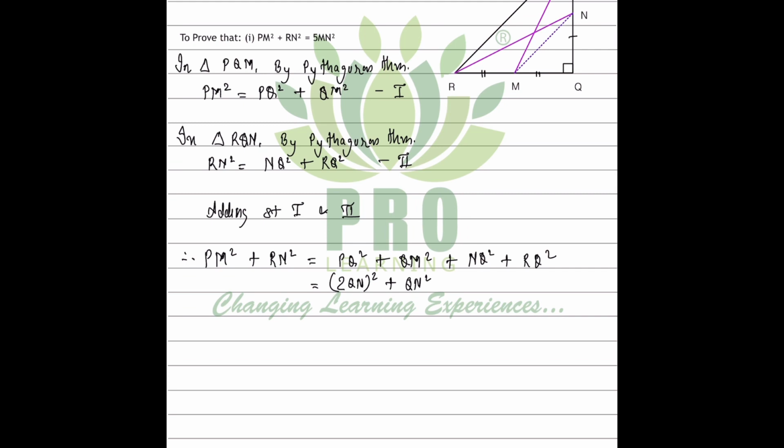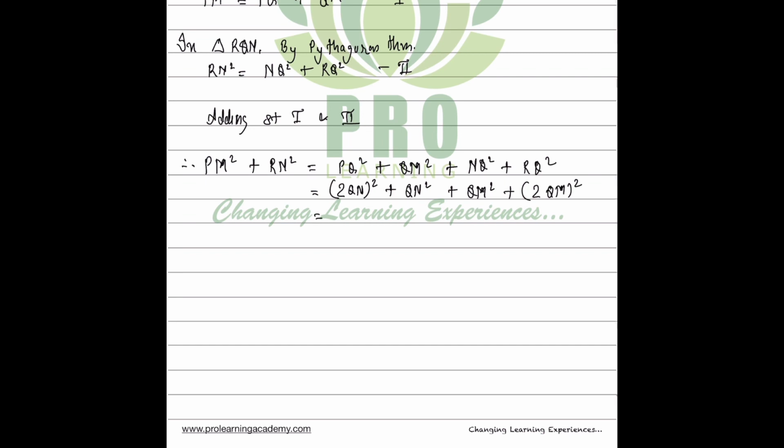Then we needed a plus QM square, which we have taken from here, plus RQ can be written as 2QM the whole square, which means now we will have 4QN square plus 1QN square plus 1QM square plus 4QM square, which when we add them it becomes 5QN square plus 5QM square.